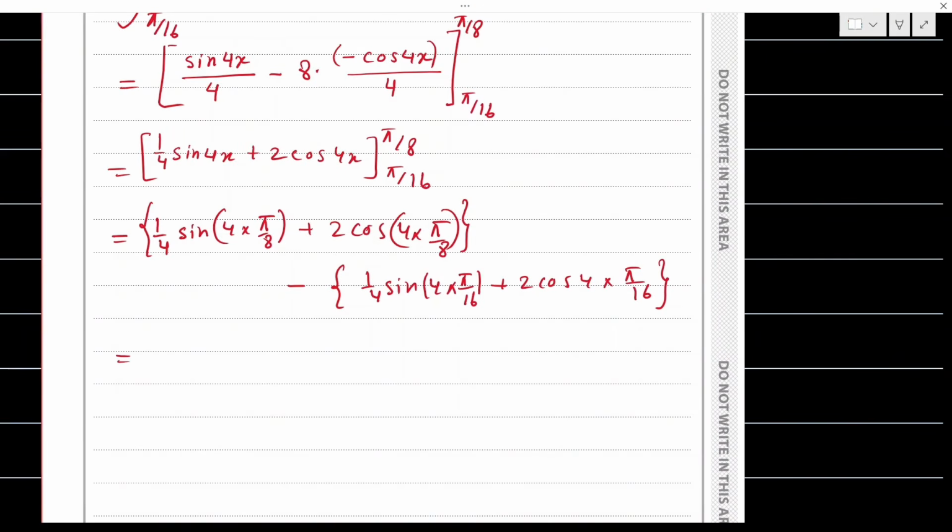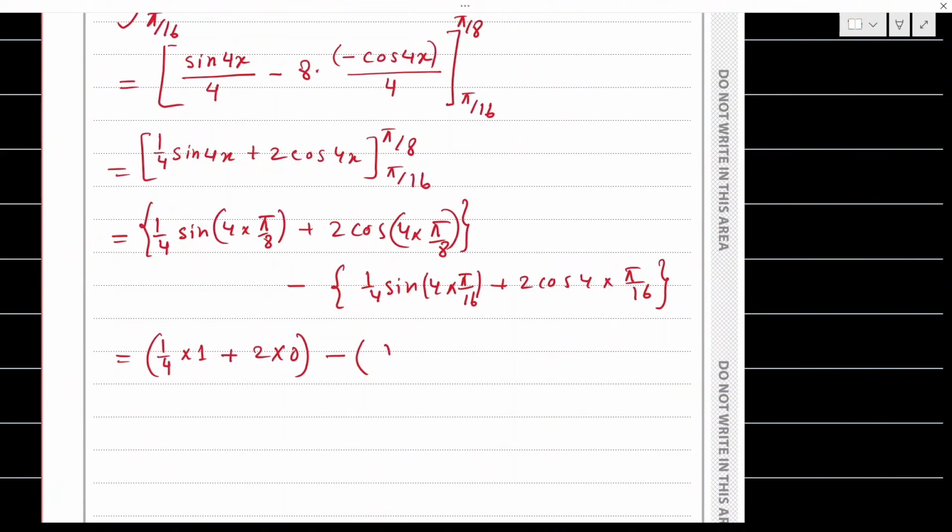Now upon simplifying this, we will get 1 by 4 sine pi by 2, which is half. Sine pi by 2 is equal to 1. And then we have plus 2 cos pi by 2, which is 0. Then we have here 1 by 4 sine pi by 4, which is equal to root 2 by 2.